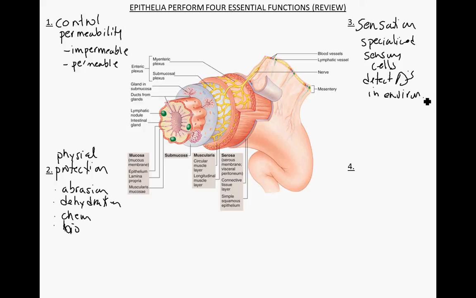And lastly, the glandular part there is specialized secretions. And again, that difference between endocrine secretions and exocrine secretions there. And so these are all the various functions of epithelial tissue.